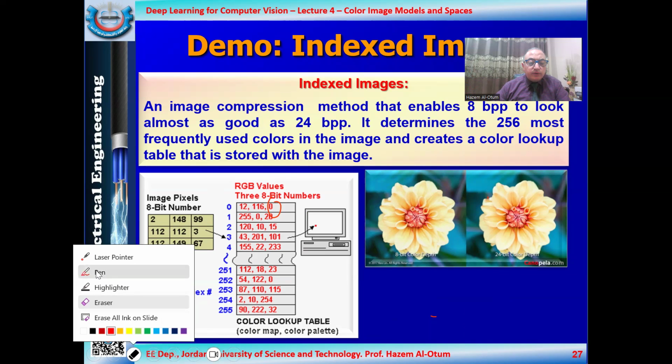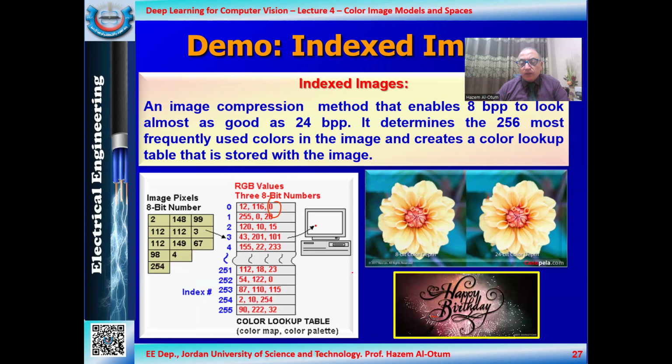Sometimes you can get GIF animated images or GIF animations, where you have very simple and very compressed files with many slides that are repeated in a specific manner and a specific speed to give you something like this happy birthday image that looks like a video. It's not a video, it's just a sort of animation that can be very helpful and be transferred over the internet and saved on your computers or your mobiles.